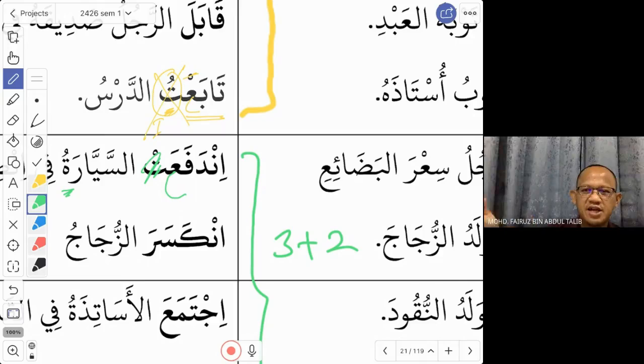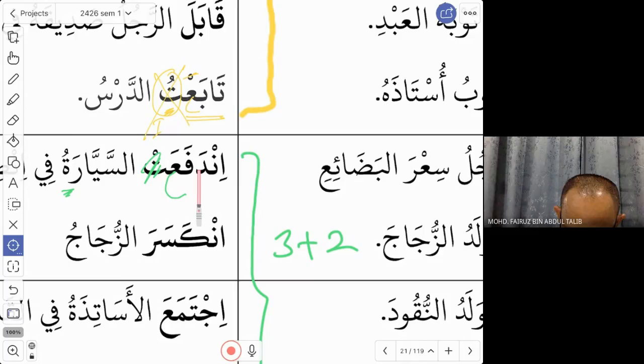So you say indafa'at as-sayyara. But the word itself is just indafa'a. What is the root word? The root word is dal, fa, ain. So again, this is a 3-letter fi'il. With additional letters, we call it mazid. So again, this is also sulasi mazid. But the difference between this and the first one is the additional letters, you have 2 additional letters. That's all the difference. So it doesn't matter how many additional letters you have.